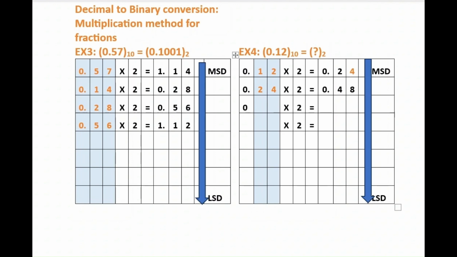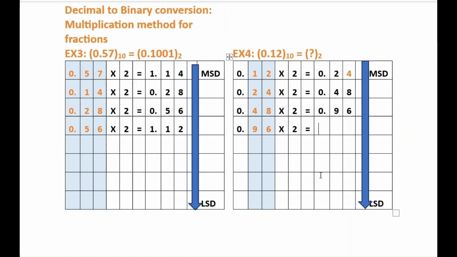Next time 0.48, we are getting 0.96. Then we'll be multiplying 0.96 by 2 and here we'll be getting 1.92.